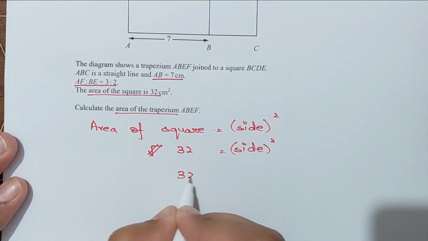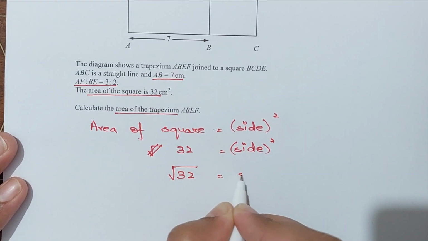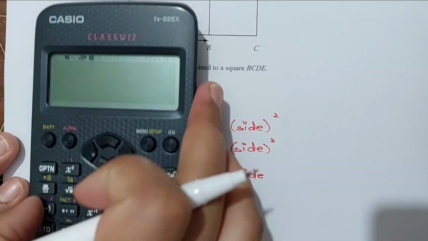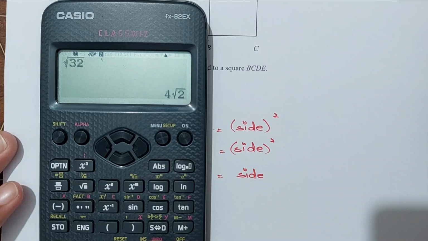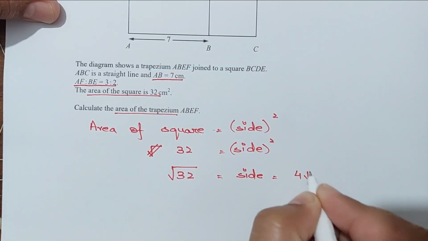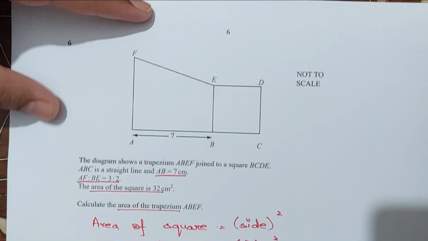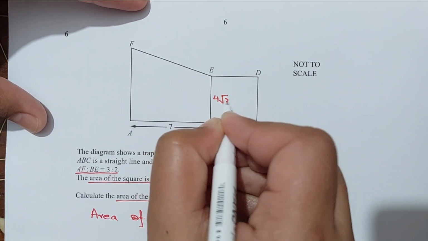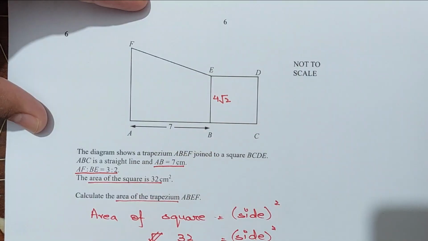So root 32 is each side of the square, and if we simplify, root 32 is 4 root 2. It means the side BE is 4 root 2, and all of them are 4 root 2.